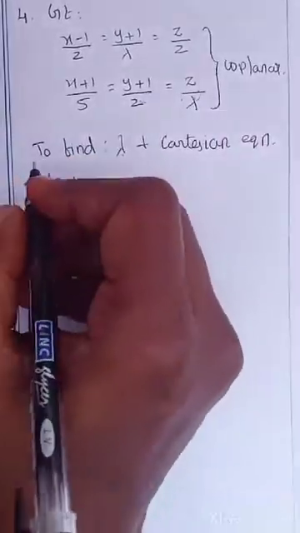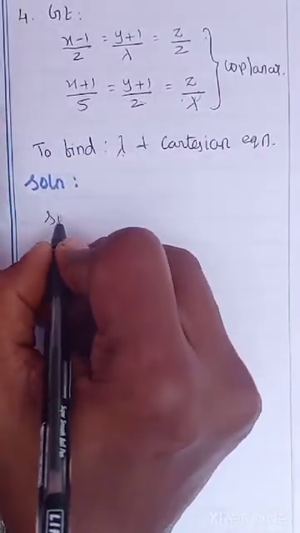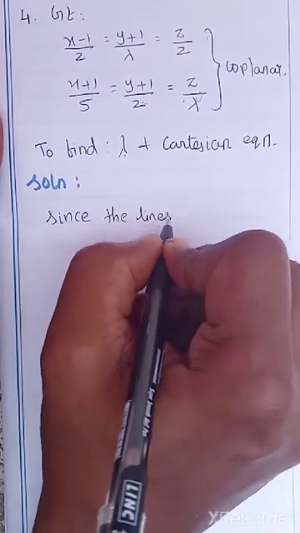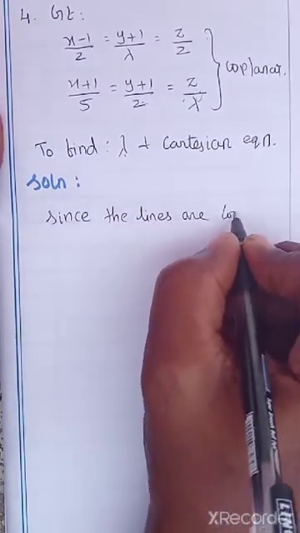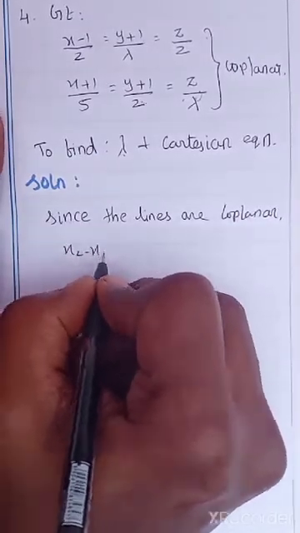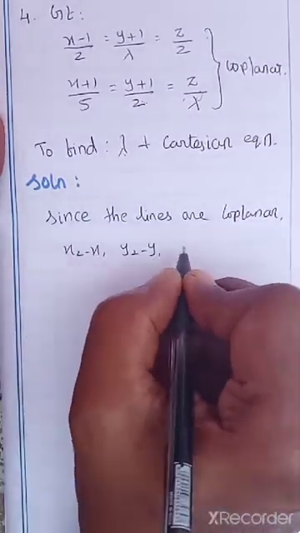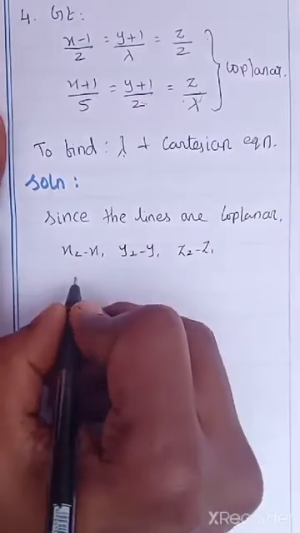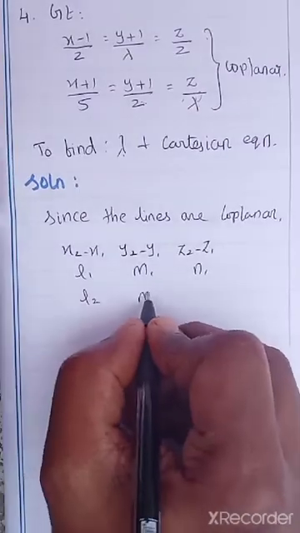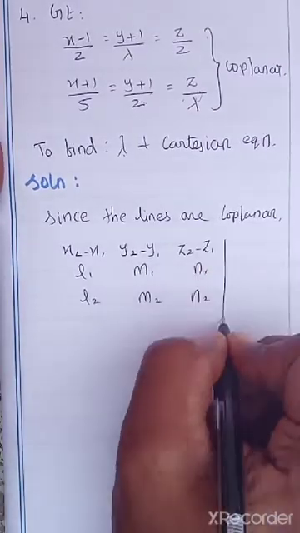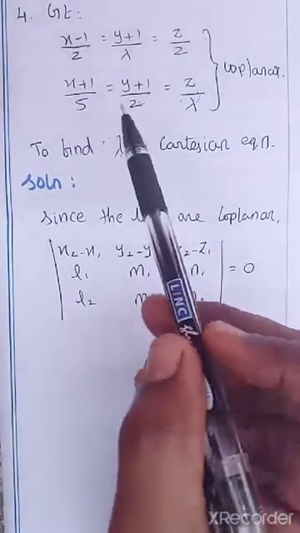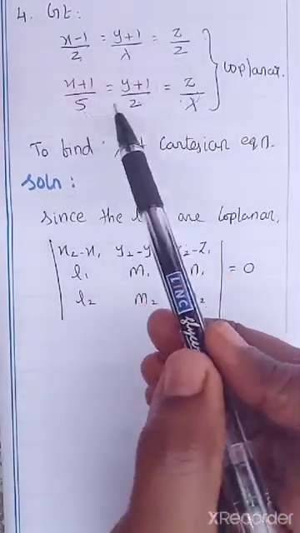Since it is coplanar, since the lines are coplanar, what is the condition? The determinant of x2 minus x1, y2 minus y1, z2 minus z1, L1 m1 n1, L2 m2 n2 equals 0. Correct? What are your L1 m1 n1, L2 m2 n2?